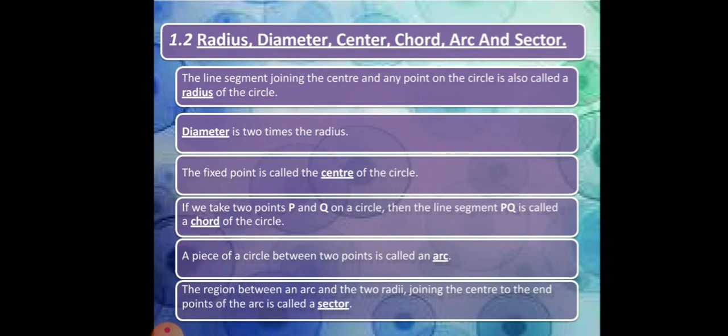The fixed point is called the center of the circle. If we take 2 points P and Q on a circle, then the line segment PQ is called a chord of the circle. A piece of the circle between 2 points is called an arc. The region between an arc and the 2 radii joining the center to the end points of the arc is called the sector.